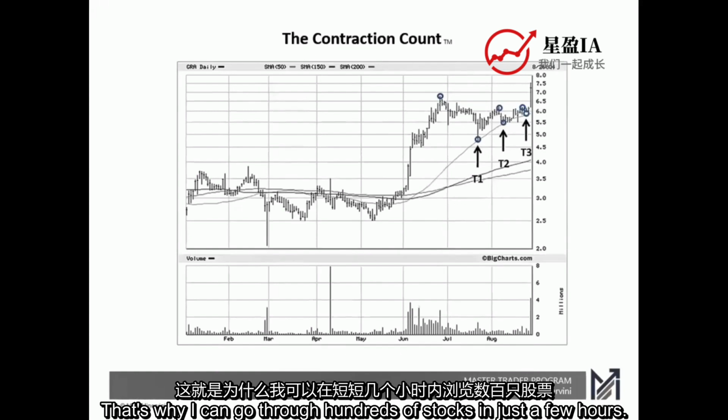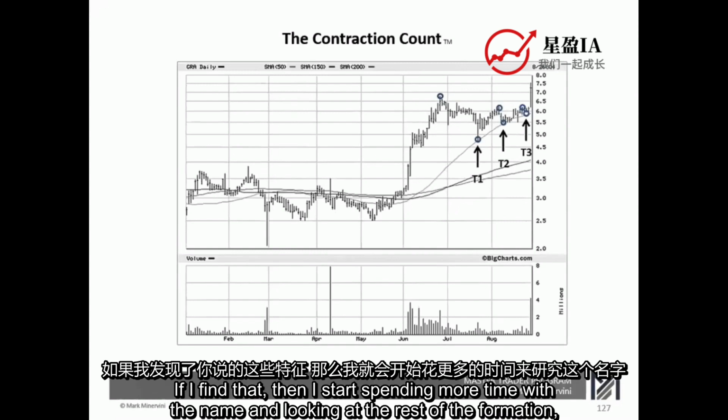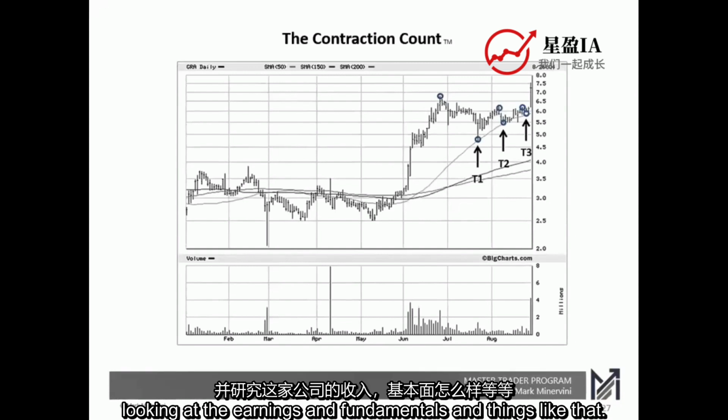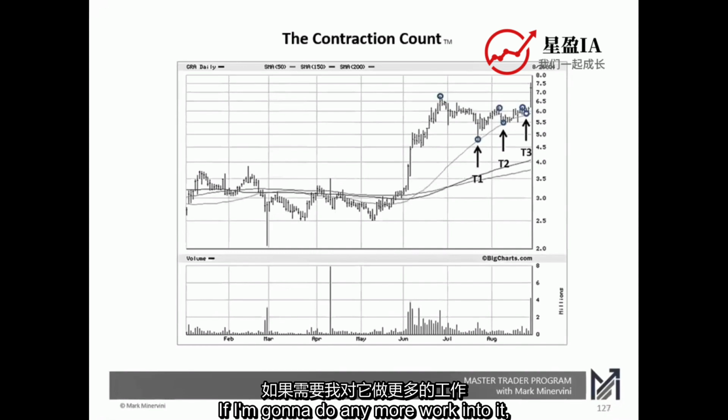That's why I can go through hundreds of stocks in just a few hours, because that's what I'm zeroing in on. If I find that, then I start spending more time with the name, looking at the rest of the formation, the earnings and fundamentals and things like that. But it first starts with just a 1-second glance before I do any more work on it.